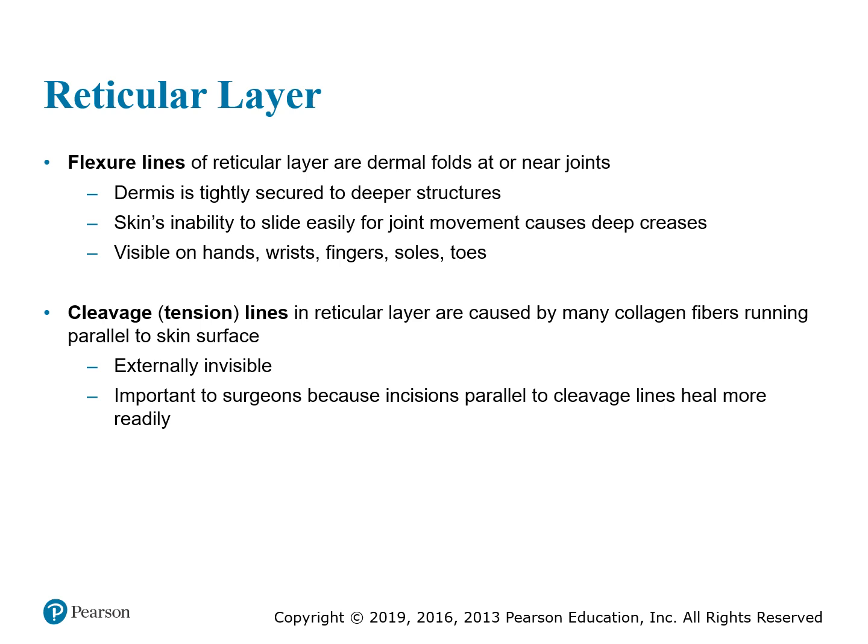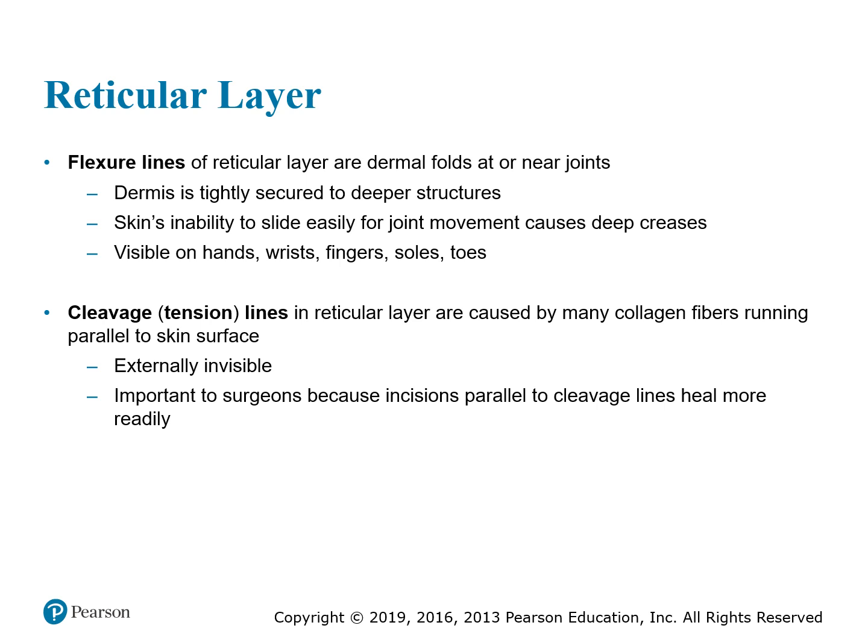And so when you look at your hands, this is going to be like at the folds of the fingers, the soles, the toes, the hands, the wrist. So you also have these tension lines that are visible, formed by many collagen fibers running in parallel to the skin surface.